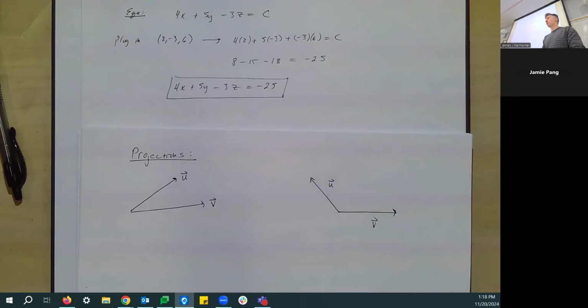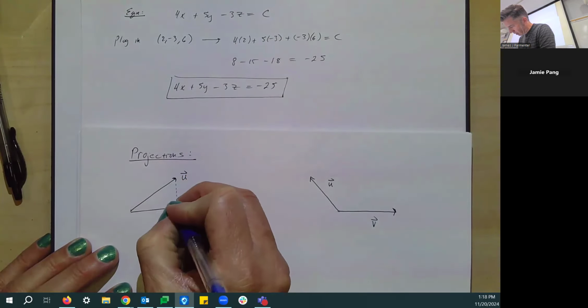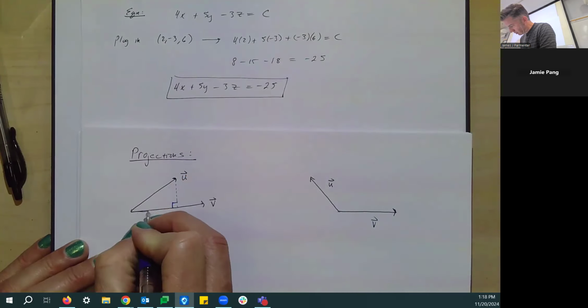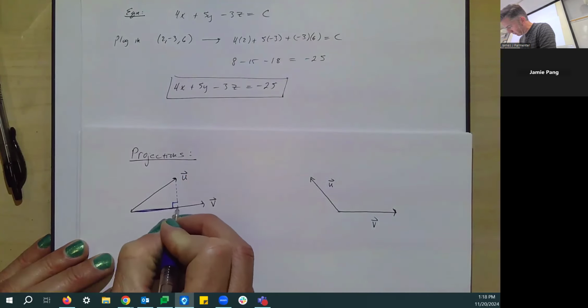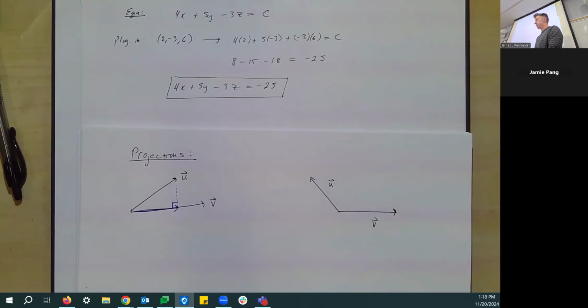The projection of u onto v is just the vector you get when you drop a perpendicular from u to v. So if I drop this down like that, make a right angle there, this new vector that's in the same direction as v is the projection of u onto v.